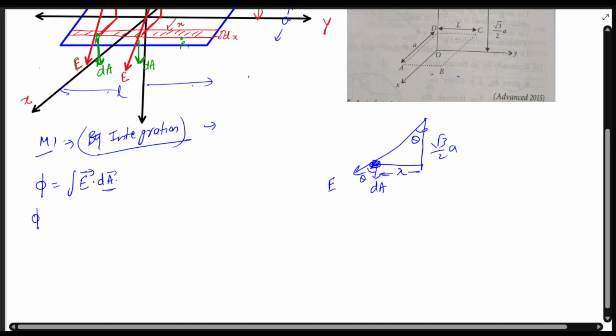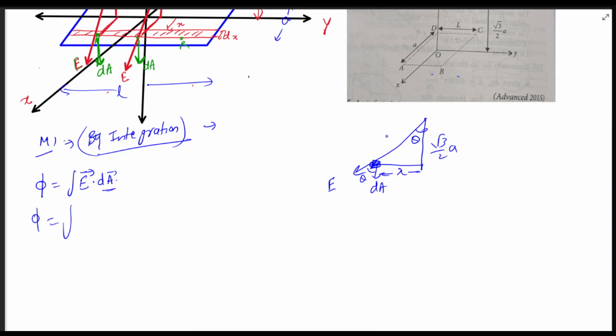So flux will be, what will the electric field be? Let's say this length is d. So d will be under root 3 by 4 a square plus x square, right? So what will be the electric field due to the infinite wire?